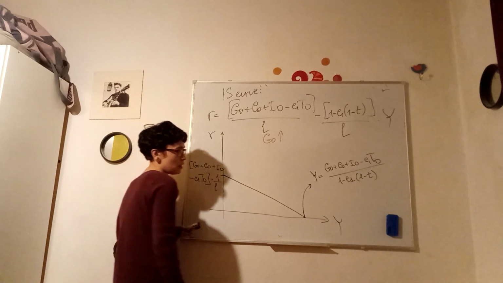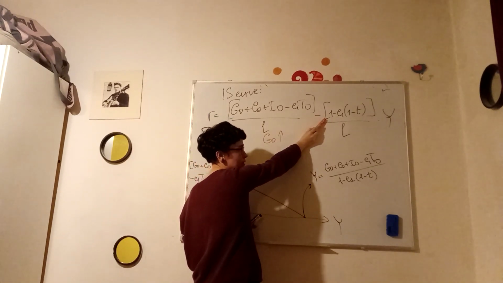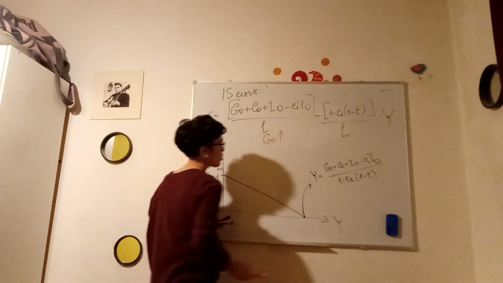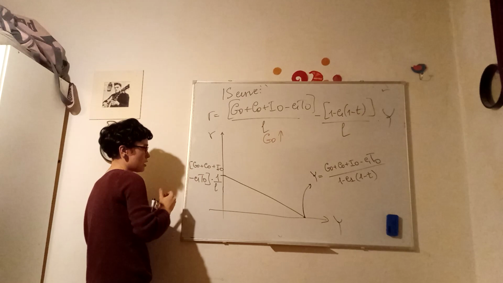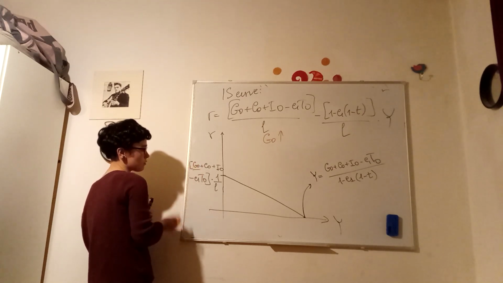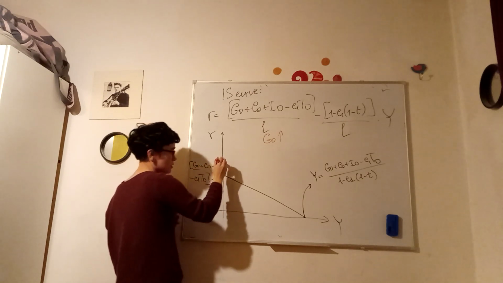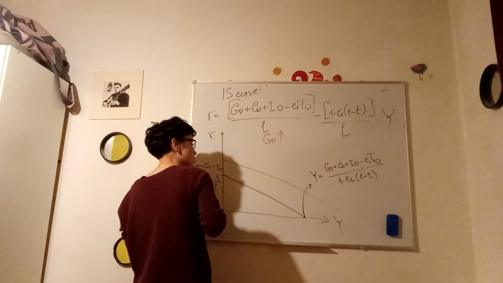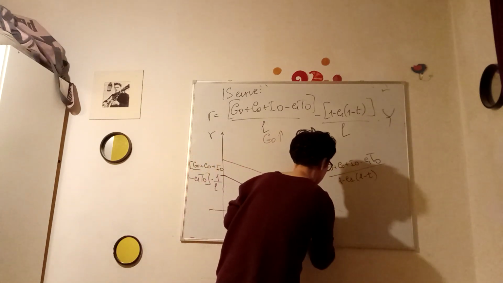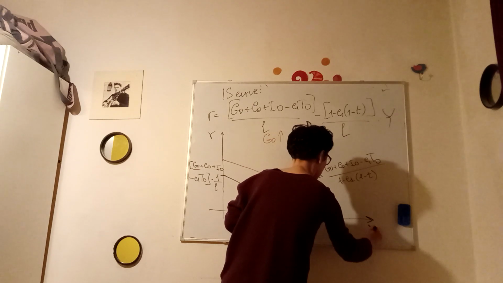It will not affect the value of the slope. It will only affect the value of the intercept. When G0 increases, the intercept will be bigger, so it will result in a parallel shift of this function. Trust me, it should be parallel. I'm just not really good at drawing.